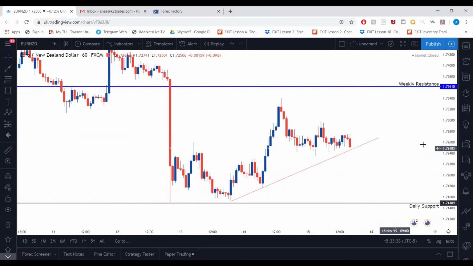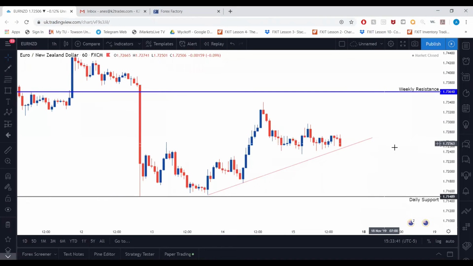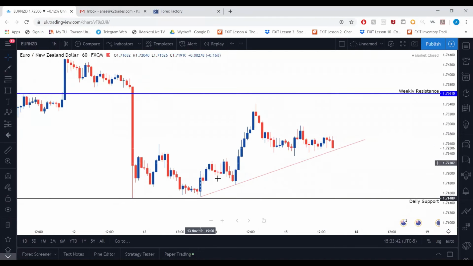So it's really hard for me to tell you what it will do, because it's in the middle of the zone, and it does look like it's making higher lows, even though that's inconsistent with this bigger push here. So I'm not in it.